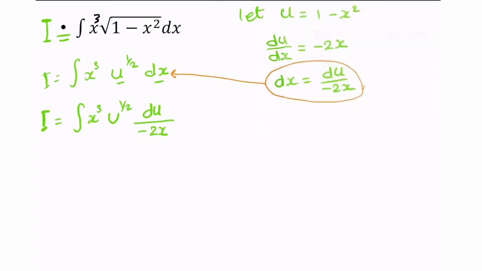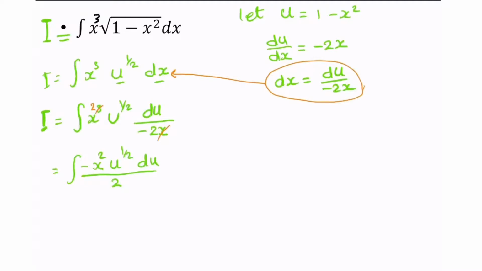Now this x can be cancelled with one of these at the top, so it becomes x squared here. The minus at the bottom can be at the top, it doesn't matter, there is no difference. So there's going to be minus x squared u to the power half du over 2.